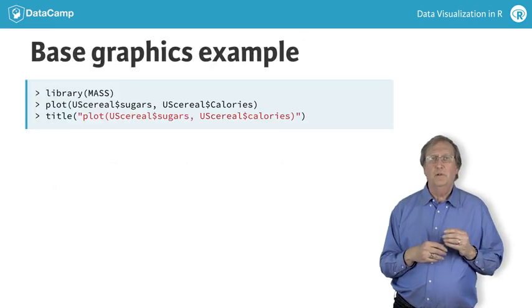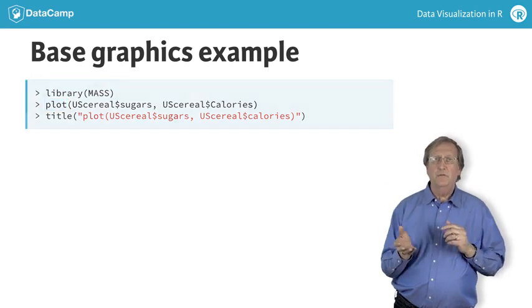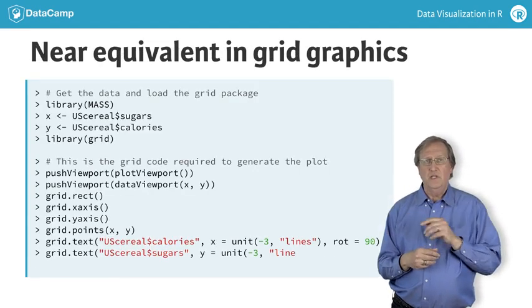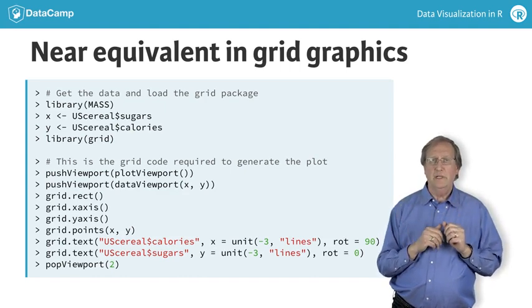This first example uses the base graphics plot function to generate a simple scatter plot of calories versus sugars from the UScereal data frame in the MASS package. The second example uses grid graphics to create essentially the same plot.